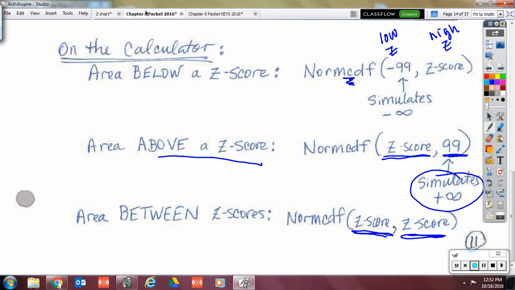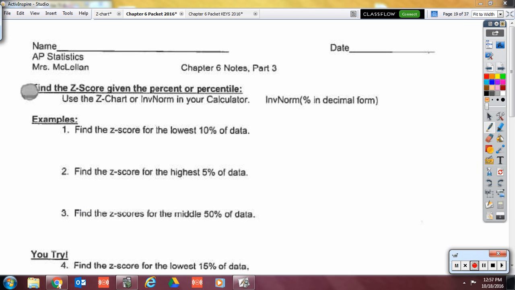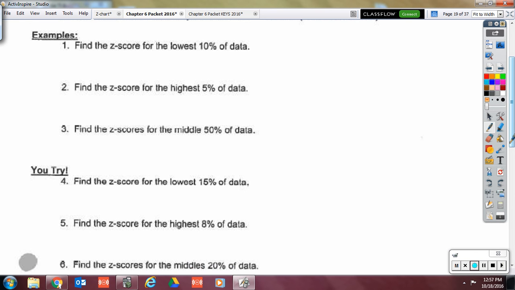On page 15 in your packet, let's practice with the calculator. So here we go. This first one, you are finding a z-score. What do you do to find the z at that spot?